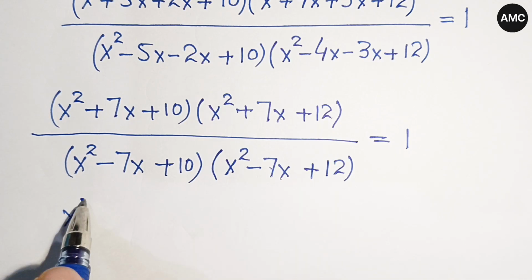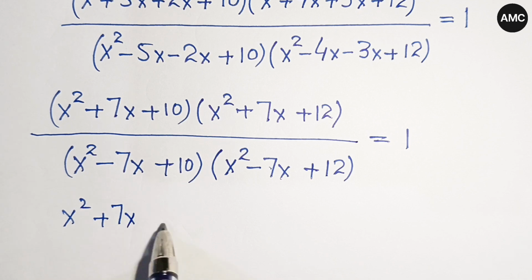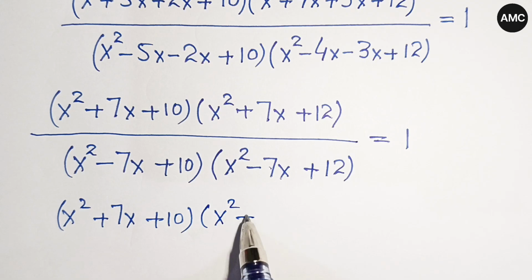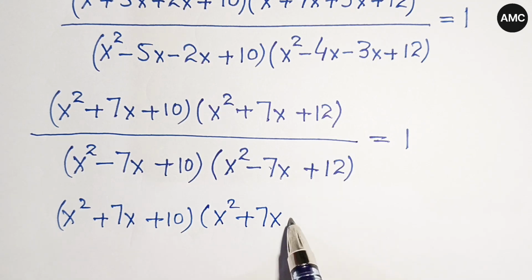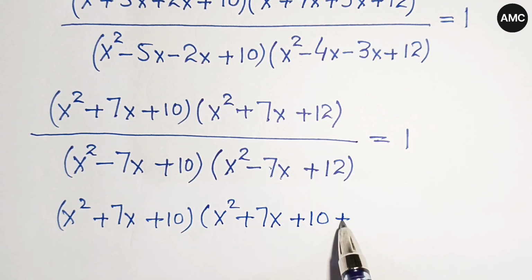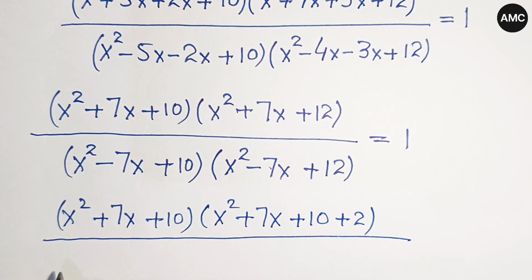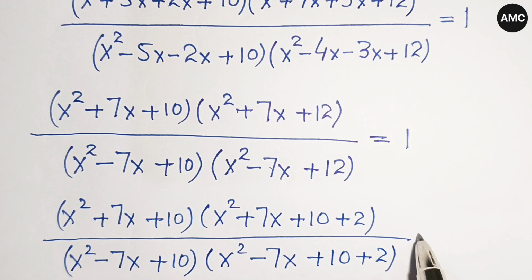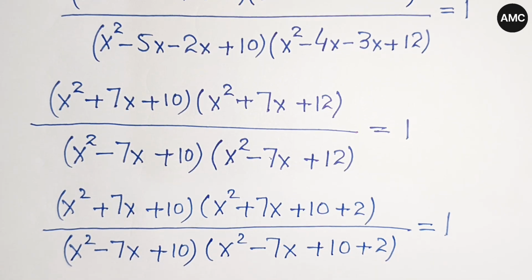Now x squared plus 7x plus 10 times x squared plus 7x plus 12, which can also be written as plus 10 plus 2, all over. Doing the same step here, x squared minus 7x plus 10 times x squared minus 7x plus 12, which is plus 10 plus 2, is equal to 1.